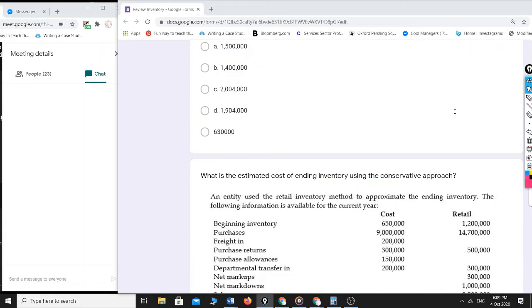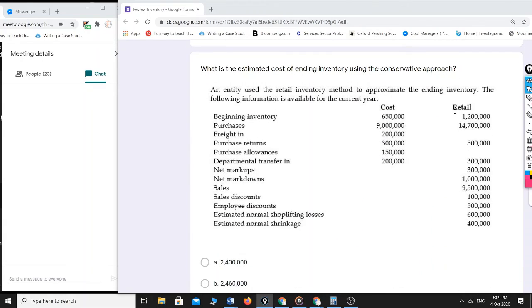So, next is the retail method. So, when is the retail method used? The retail method is used when there is a lot of merchandise and they are of the same nature. So, it is commonly used in merchandising, like department stores, which have a lot of inventory, and the items are easily replaced.